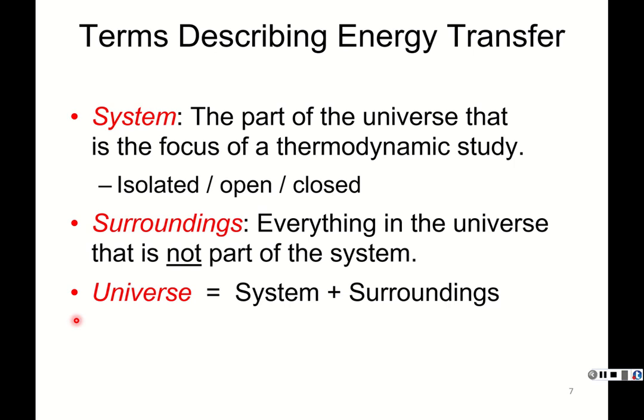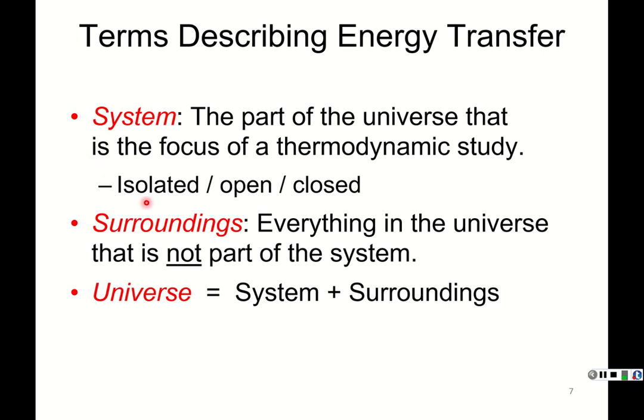Okay. So if we describe energy transfer, this is kind of important to note. Okay, when we're talking about the transfer of energy, and we'll be dealing with this in Chapter 6 as well as in Chapter 20, it really helps to define these terms. Okay, system, that's the part of the universe that we're focusing on in the problem we're looking at.